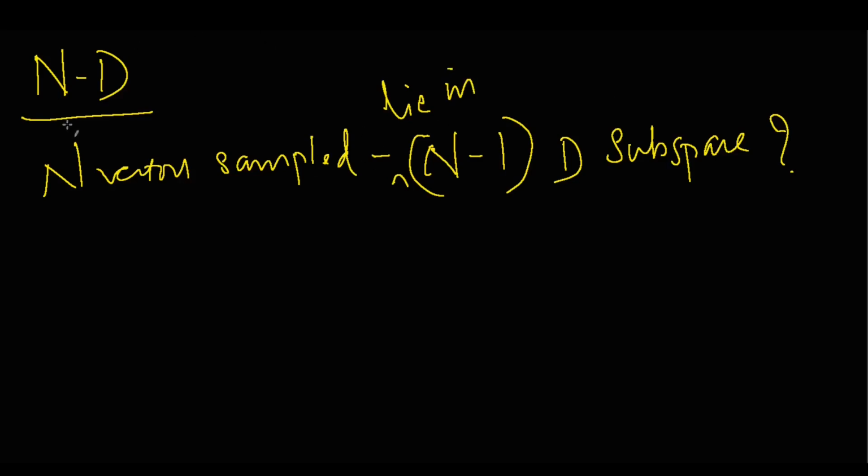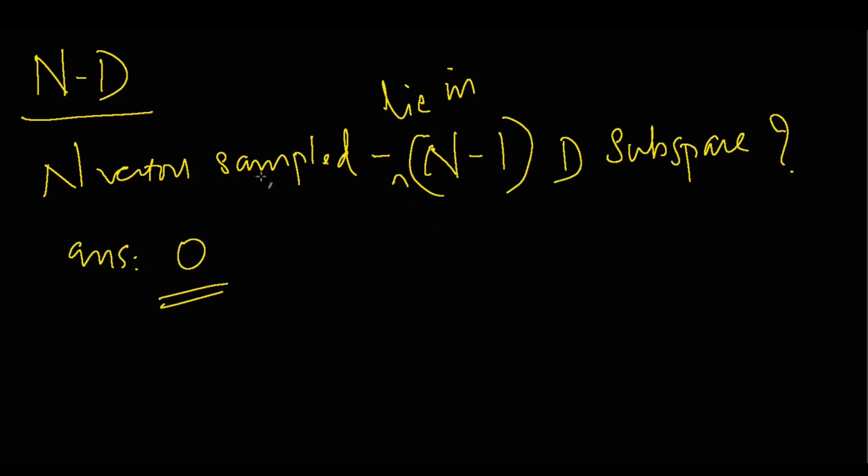So this is the same idea that we discussed before. The answer would be 0 because an n-1 dimensional entity has no volume in the n-dimensional space.